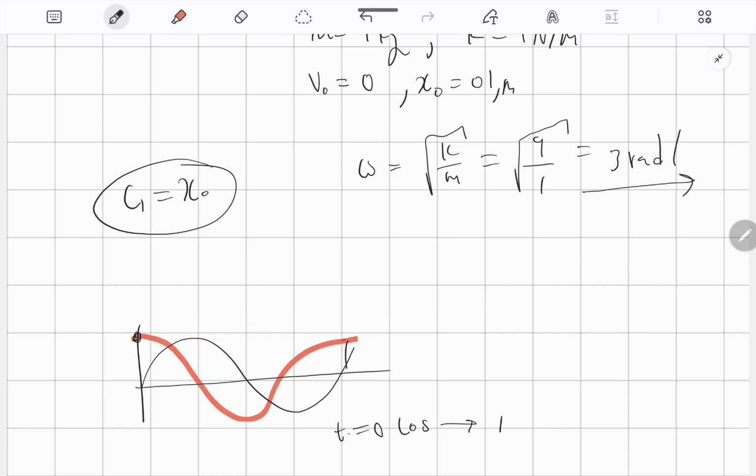Let's look at velocity also. We had a velocity equation. I think we wrote it somewhere in the back. Remember, if you differentiate, you get something popping in: negative c1 omega sine omega t plus c2 omega cos omega t, right?